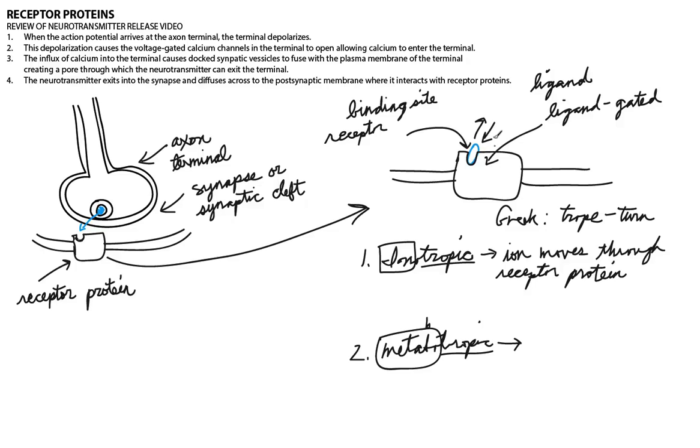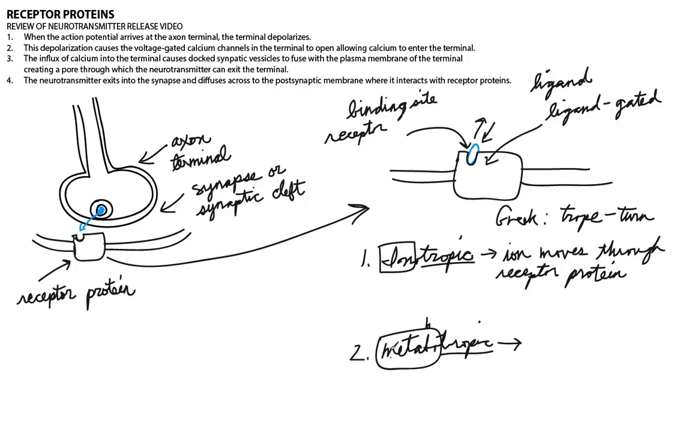In summary, what we've learned in this video is that when the neurotransmitter crosses the synaptic cleft, it's going to come in contact with one of two different types of receptor proteins. One being an ionotropic receptor protein, which will open up and allow an ion to pass directly through it.